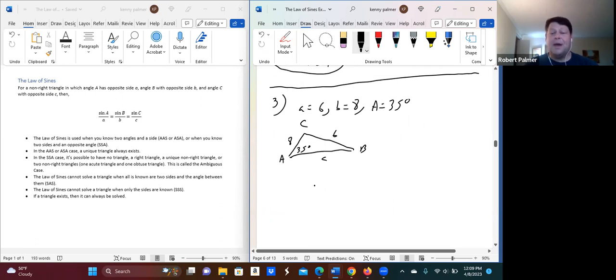So this is actually the side-side-angle case, the ambiguous case, where we have two sides and one of the opposite angles.